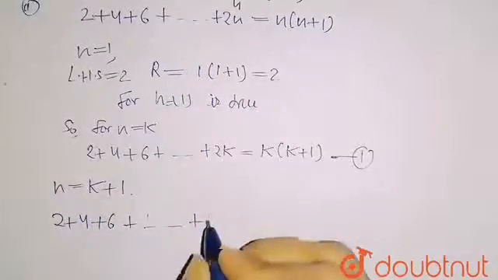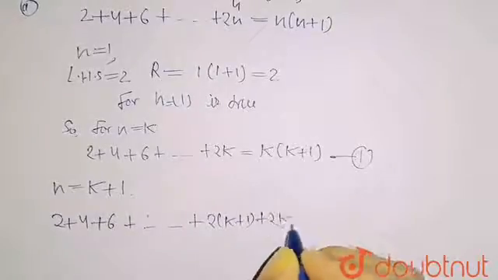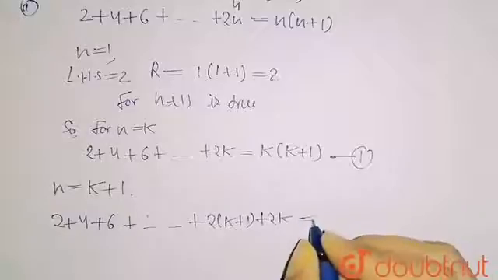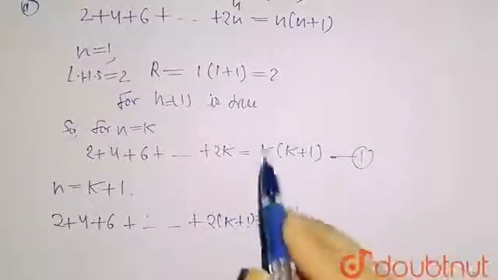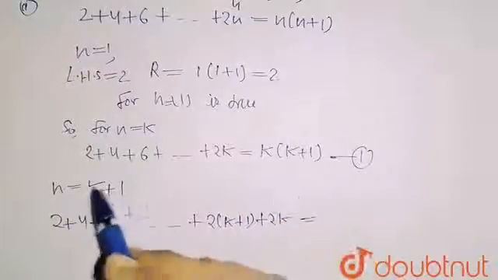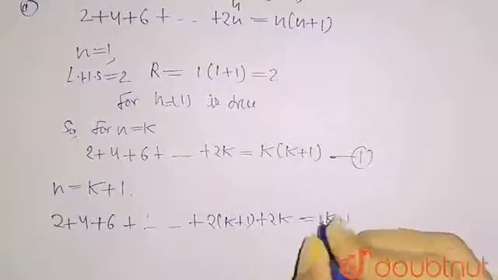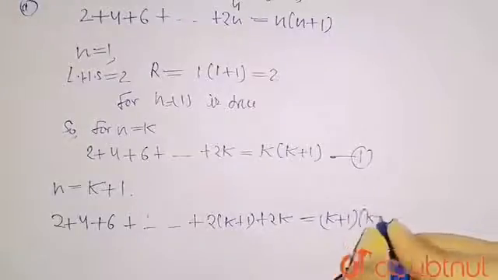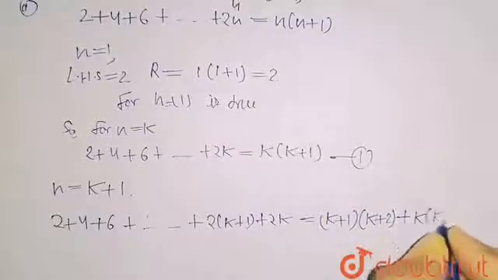So what you will get is 2 into k plus 1 as my last term, equals, and here its before term will come when you put k plus 1, so k plus 1, k plus 2, plus this last term which is k plus 1.